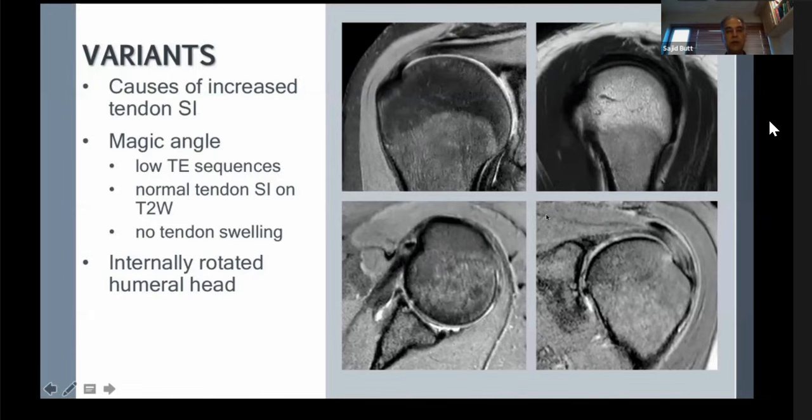So that's why when you're imaging these patients, we ask the radiographers to make sure that the palm is held in external rotation, and we put a little sandbag or something on their hand so that they don't put the hand in the position of ease, which is internal rotation of the hand. It has to be completely externally rotated so that the rotator cuff is fully open and we can assess it accurately. So beware of these two pitfalls or normal variants.